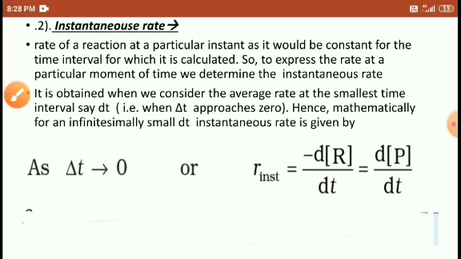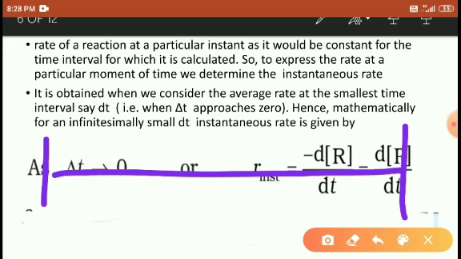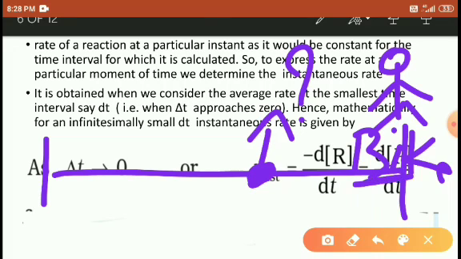So what happens when you are traveling from one place to another? One person is traveling on his bike. At this instant point, I want to know the speed of the bike, what is the rate at this instant point.